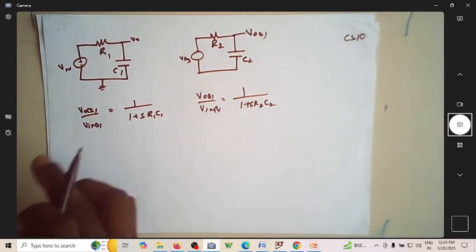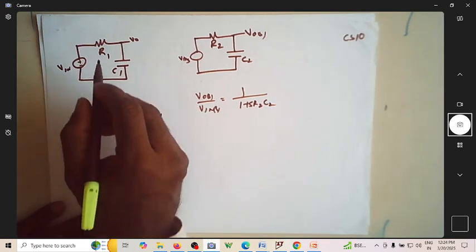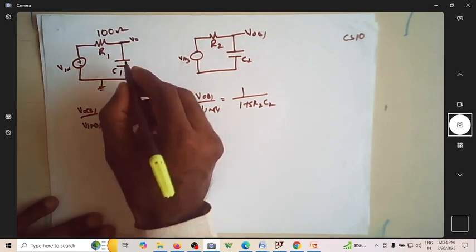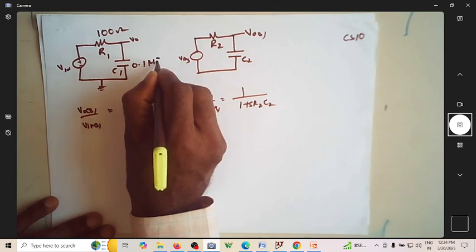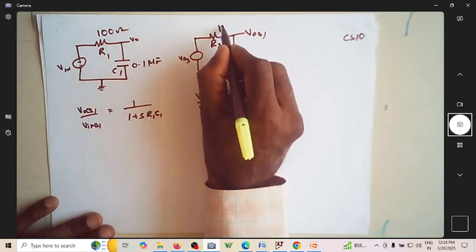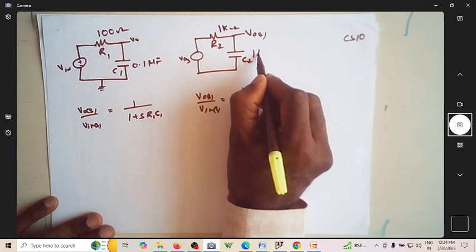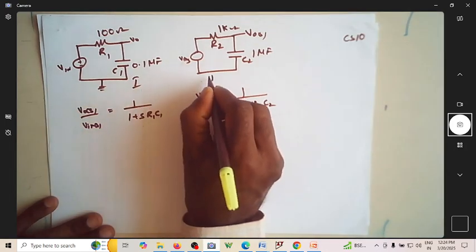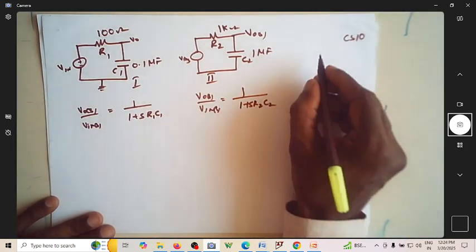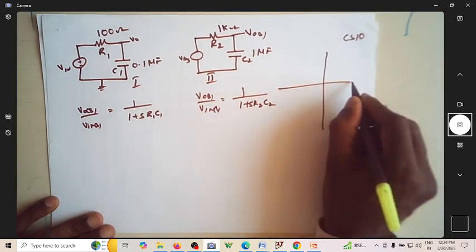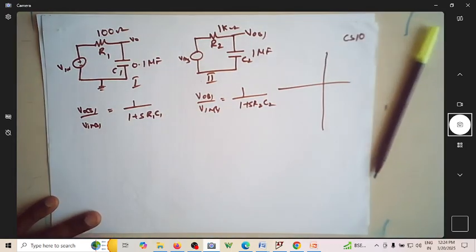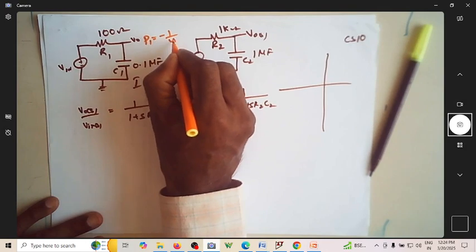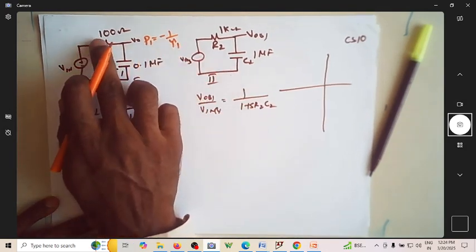Fine. Let me consider this has a resistance of 100 ohm and 0.1 microfarad, and let me consider this as 1 kilo ohm and 1 microfarad. Suppose I say this is your first network and this is your second network. For the first network, the pole of this particular thing is at minus 1 over tau 1, where tau 1 is this into this.